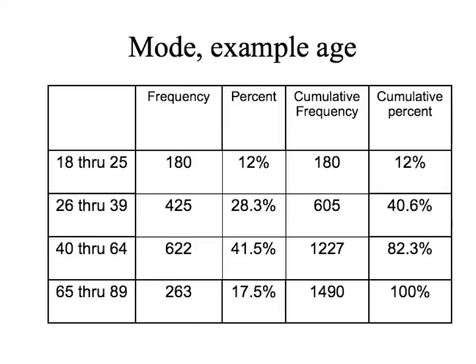In this example, the category with the highest number is age 40 through 64, with a frequency of 622, and none of the other categories have a frequency that high. So our mode is age 40 through 64, and we'd put that into a sentence: the most frequently chosen response is age 40 through 64.